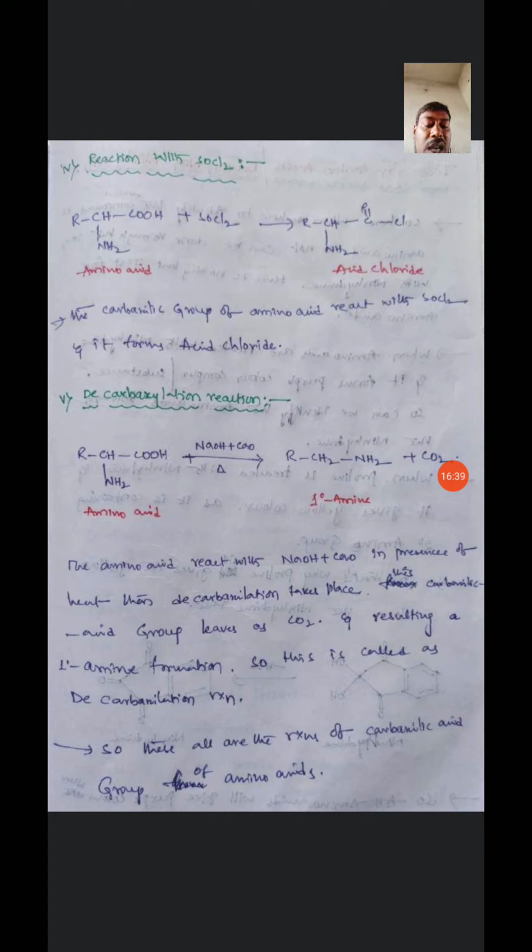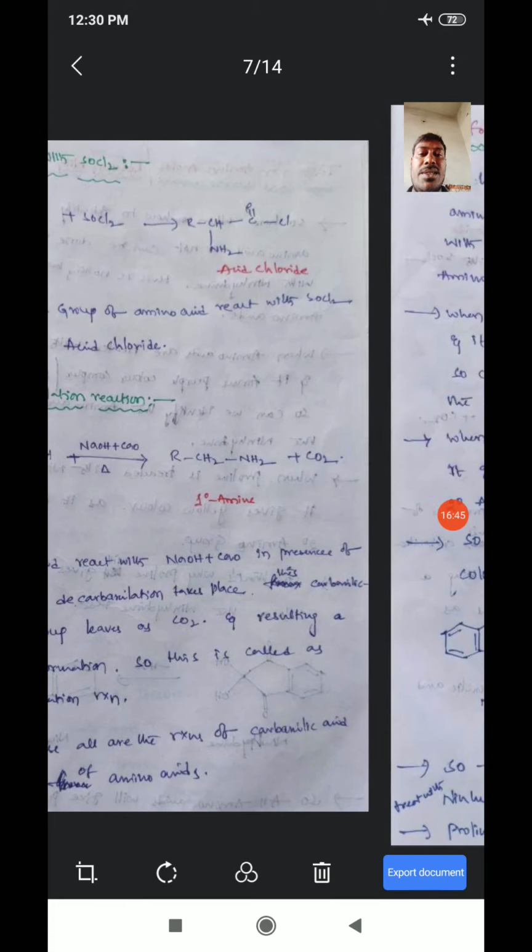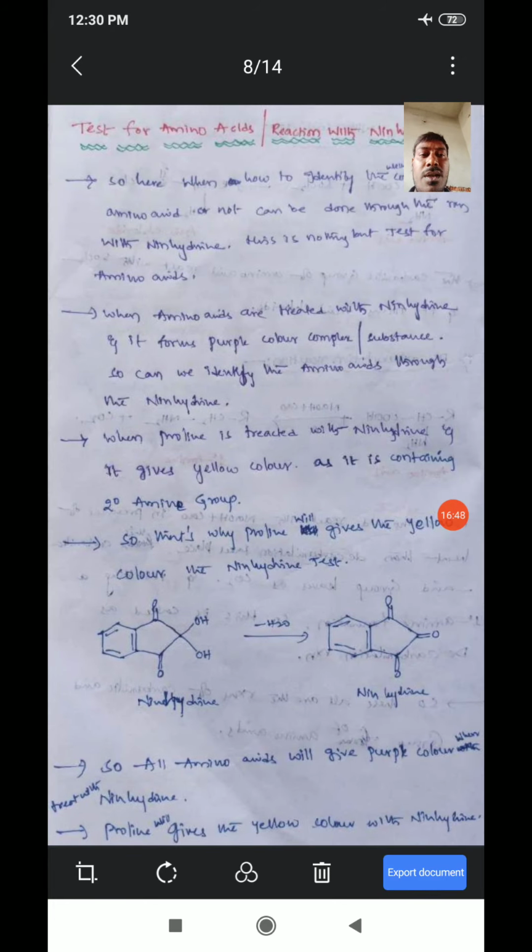So these all are the reactions of the carboxylic acid group of amino acids. Then next is the test for amino acids, or reaction with ninhydrin.